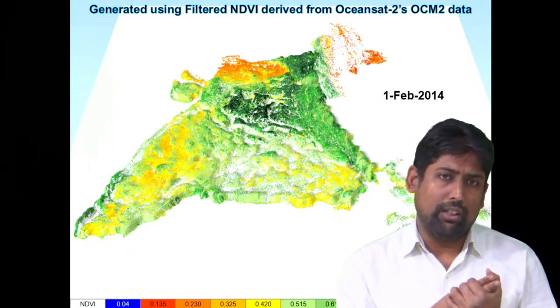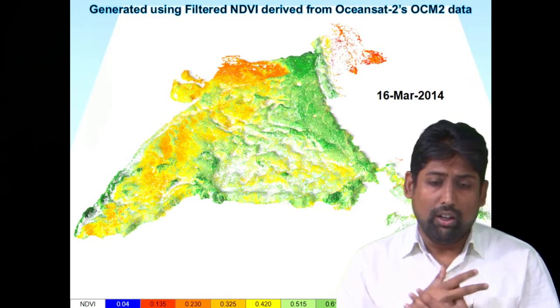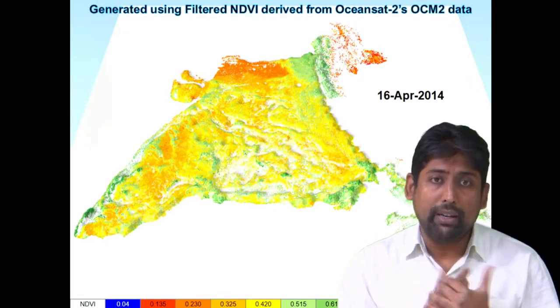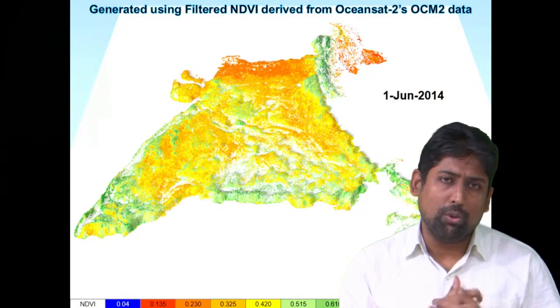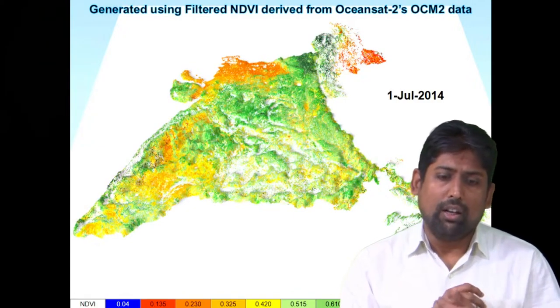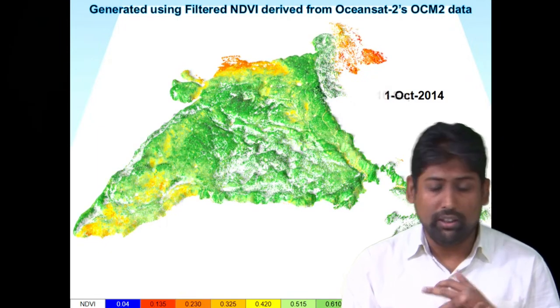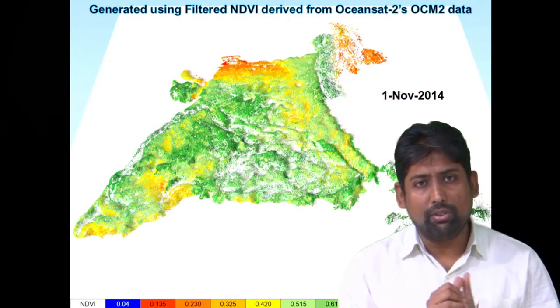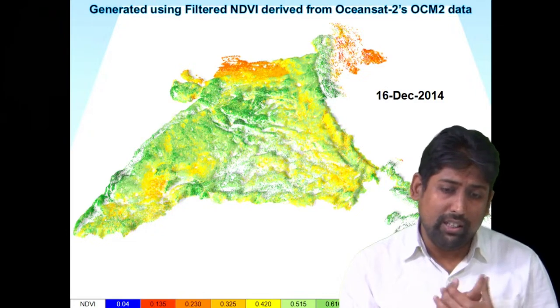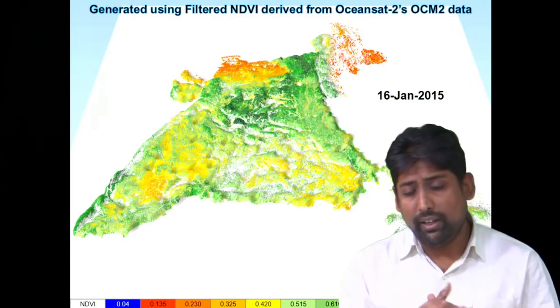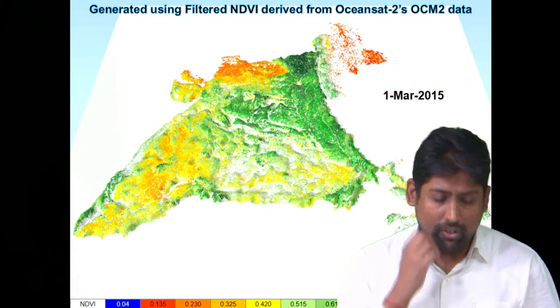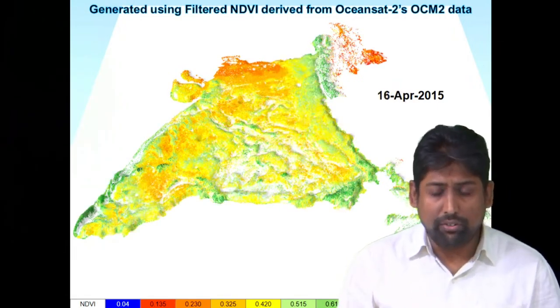A lot of literature is coming on crop intensification, more farmers growing more number of crops. What is the irrigation availability? What is the water availability? What kind of soil condition is there? What kind of yield is taking place? So a lot of such studies can be done using free data and free software.